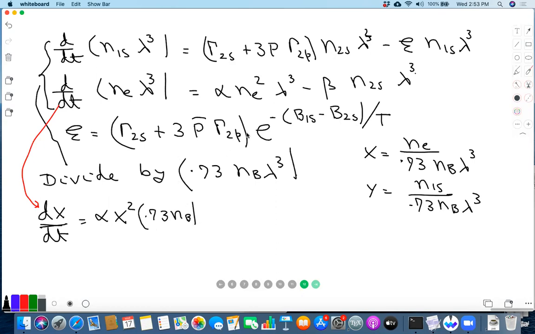I just wrote n_e in terms of x times this, and I can take it inside the derivative because this is constant, because d/dt of this is equal to 0. Minus beta times n2s over 0.73 N_B, but that we had already calculated earlier. Let me write n2s over 0.73 N_B.